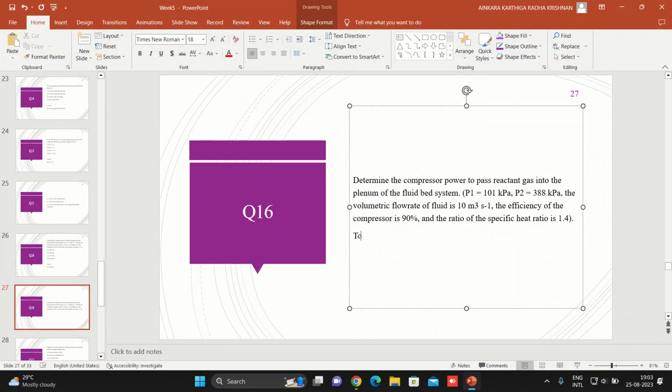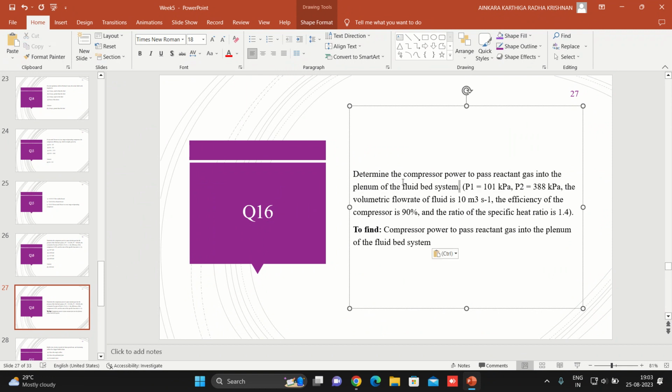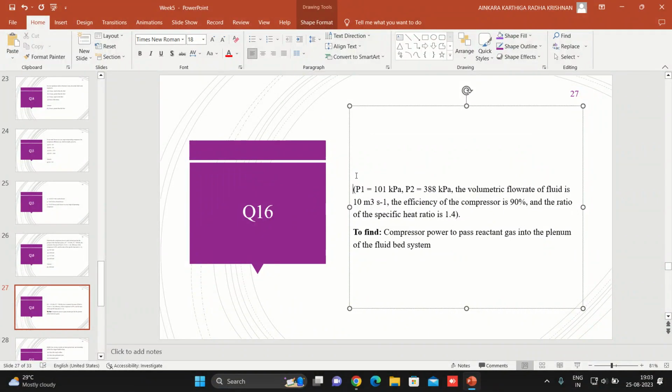So to find is the compressor power. What is the given?